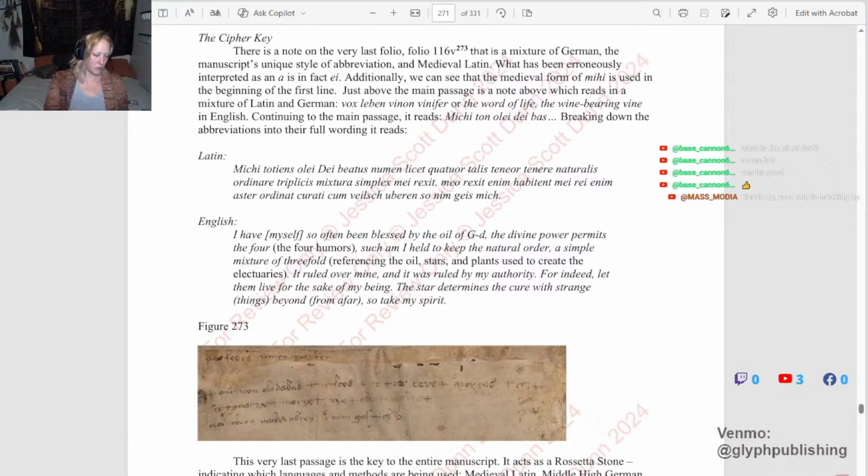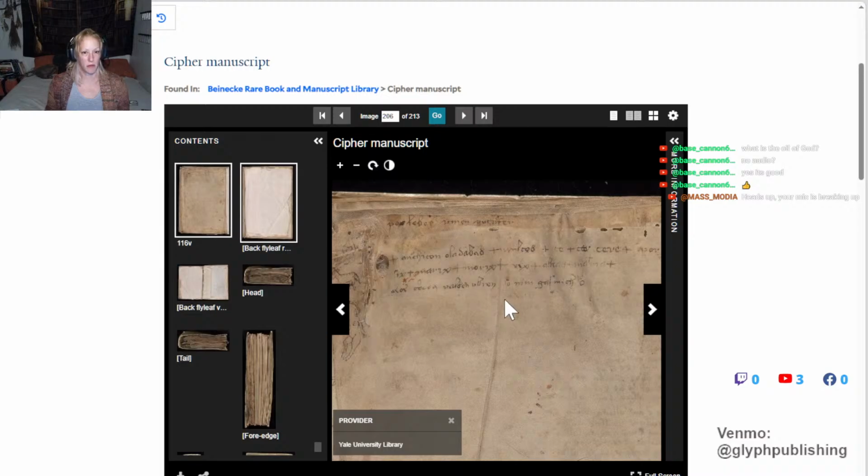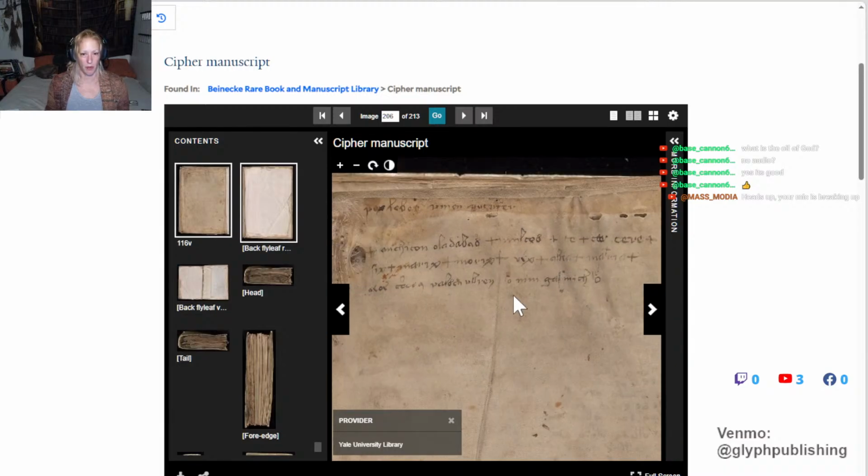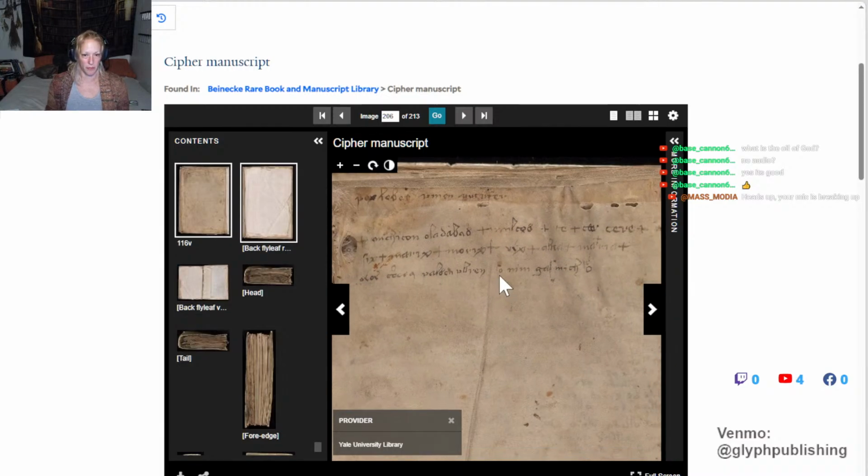I wrote an outline this time, so quicker. Okay, so I want to pull up the actual manuscript so that you can see this better.